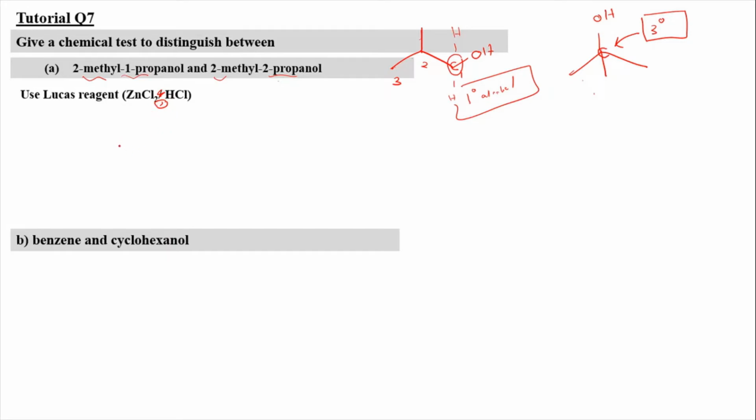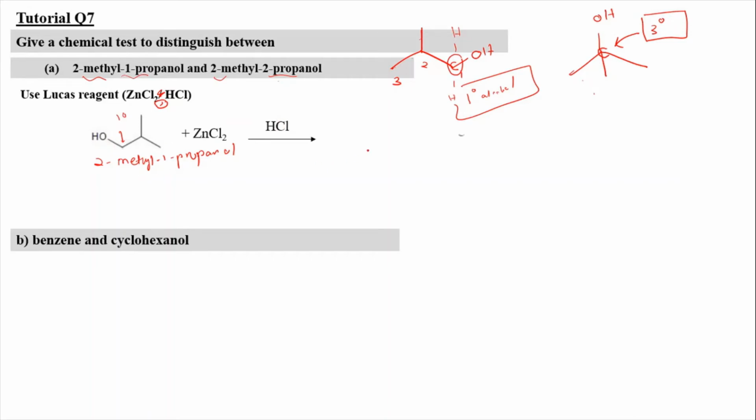And then I'm going to draw the structure of 2-methyl 1-propanol again, and it reacts with the zinc chloride in the presence of HCl. In this case, because it is a primary alcohol, the chlorine atom could not replace the OH.